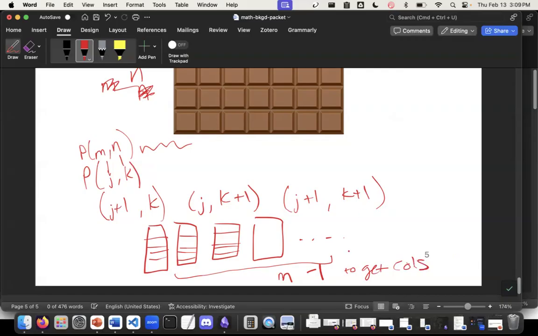Then to break each one of these, where this is N, how many breaks do I have to do to break this individual column? N minus 1.